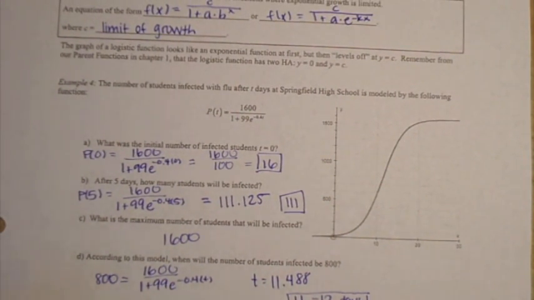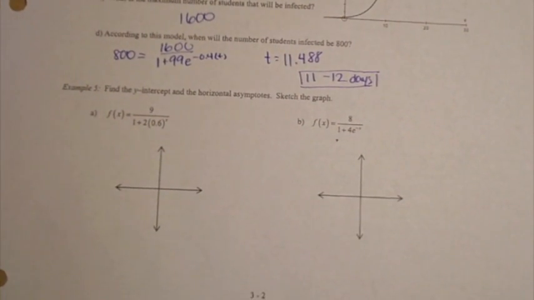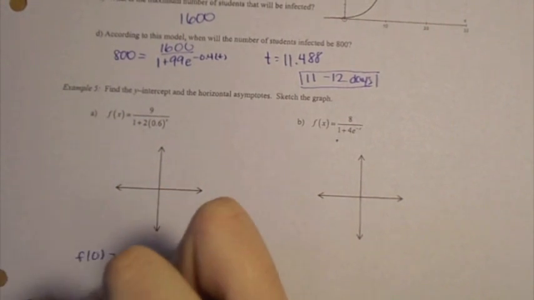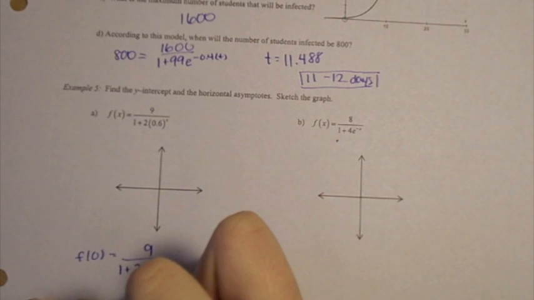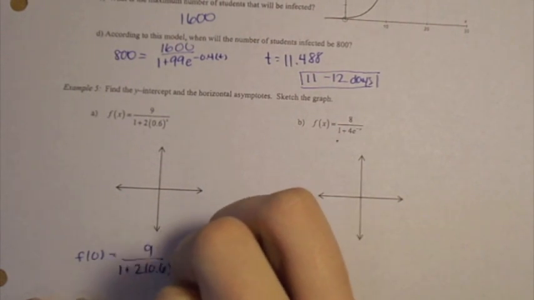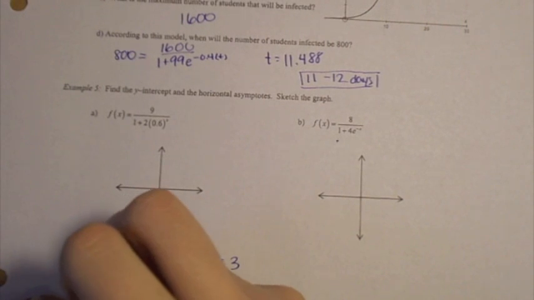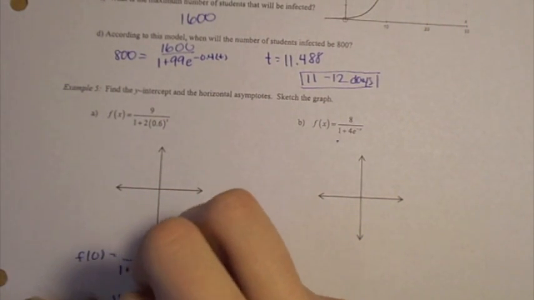For our last example, let's try and graph a few logistic functions. We know our y-intercept is at x equals 0, so we can substitute 0 in for x and solve. So we'll have f of 0 equals 9 over 1 plus 2 times 0.6 raised to the 0, which equals 9 over 3, which equals 3. So our y-intercept is the point 0, 3.